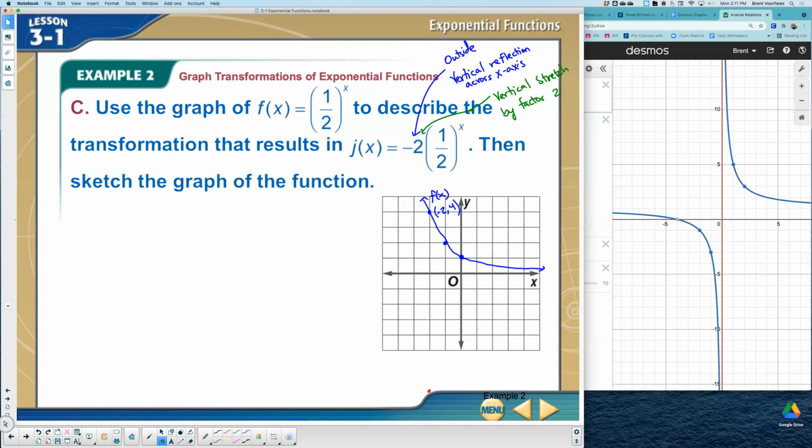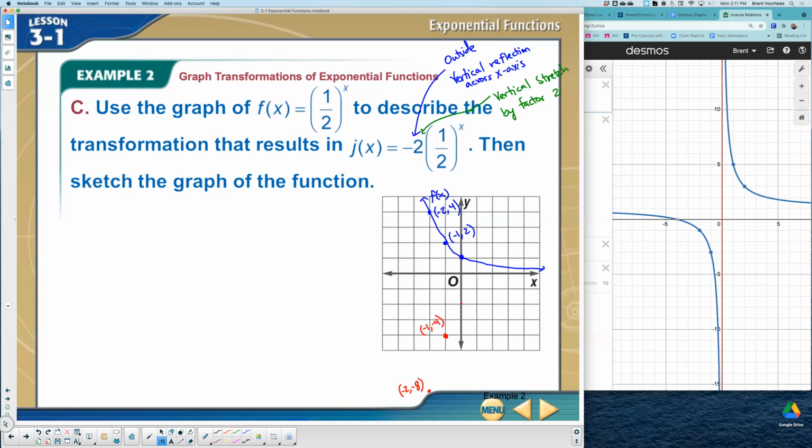I'm just going to put it right there and say that's the point left 2 down 8. This point, which was left 1, up 2, is going to be left 1 down 4, because you just multiply it by -2. Each y value gets multiplied by -2. So it's now left 1 down 4.